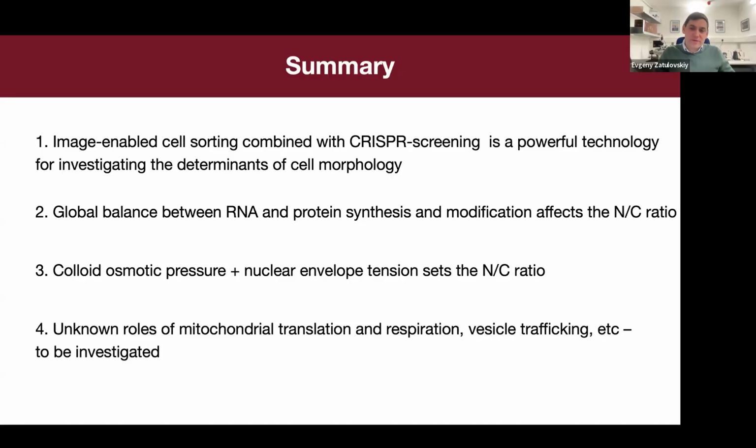Yeah, absolutely. You're absolutely right. The timing is crucial here because if it's too short, the cells don't have enough time to develop the phenotype, completely deplete the protein and change their morphology. If it's too long, you can lose some essential genes there. We kept our cells for 7 days before the actual sorting, and it seemed to work fine.